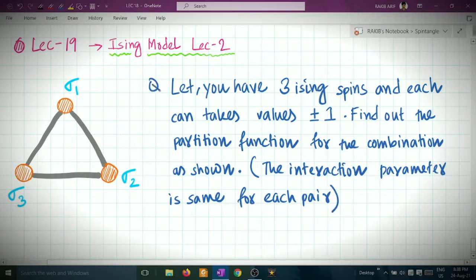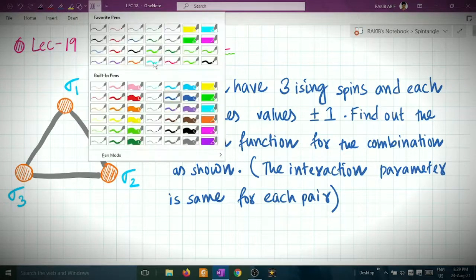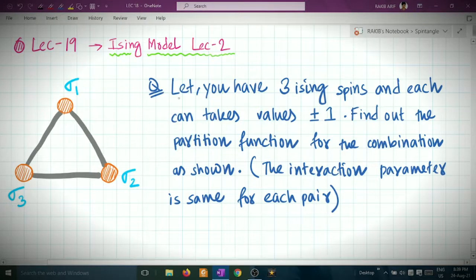This is the configuration that has been given, and read the question carefully first. Let you have three Ising spins. I am writing this Ising in capital format because this is Ernst Ising. Ising spins, and each can take values plus minus 1.